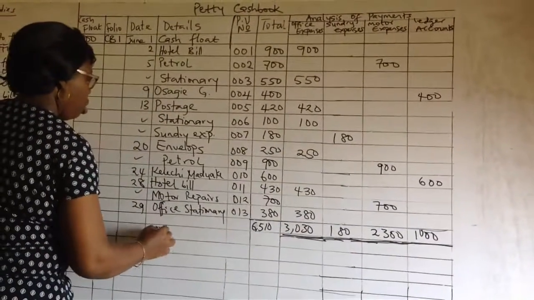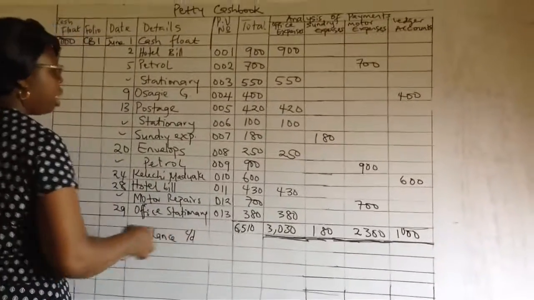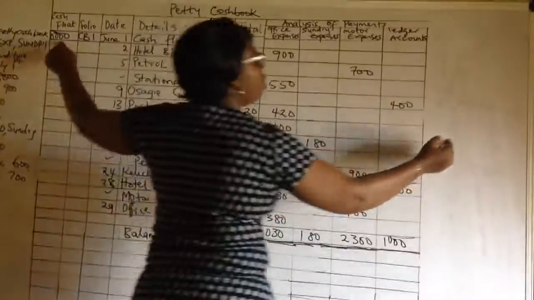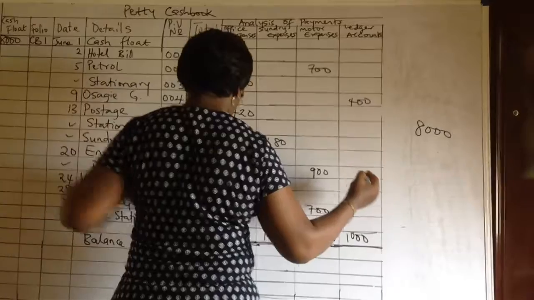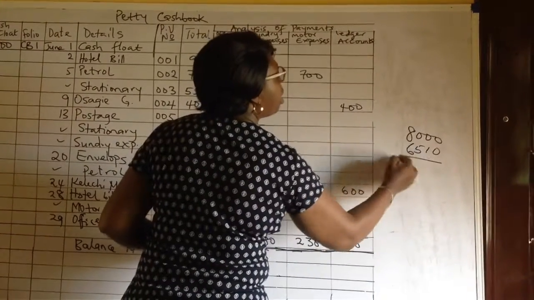You come here and you get your balance carried down. How will you get this balance carried down? You take this away from the initial money given to the petty cashier, which was 8,000, and he has spent 6,510.